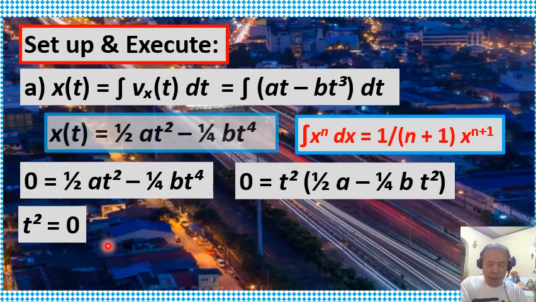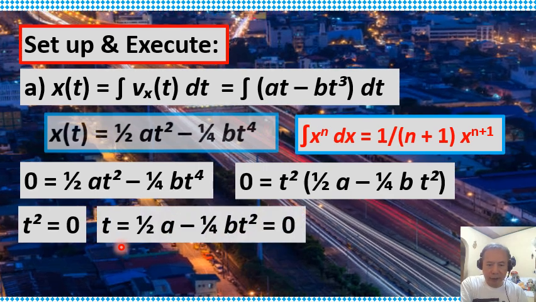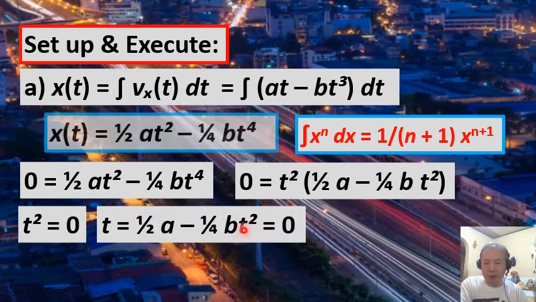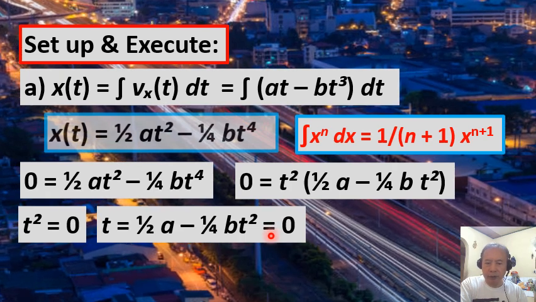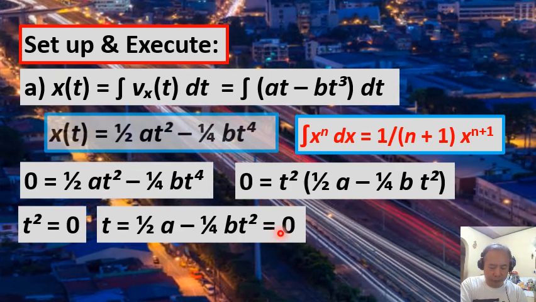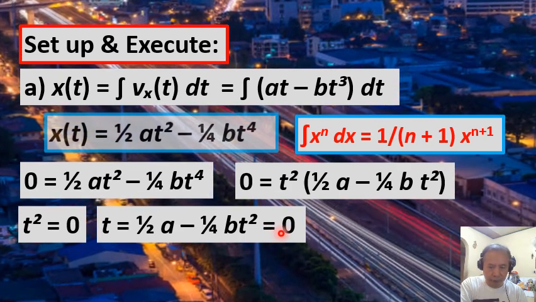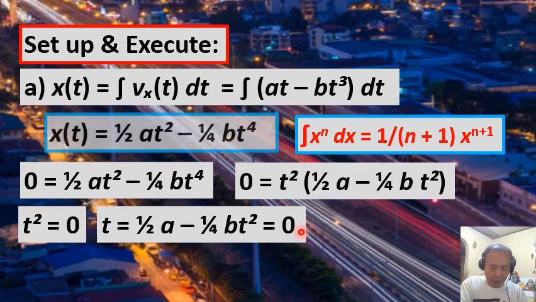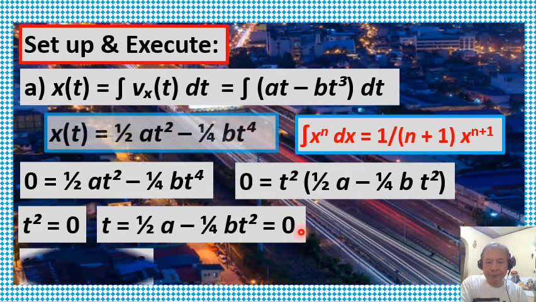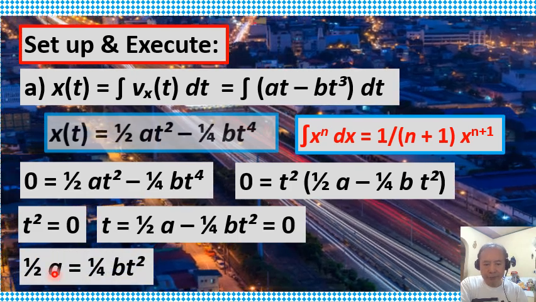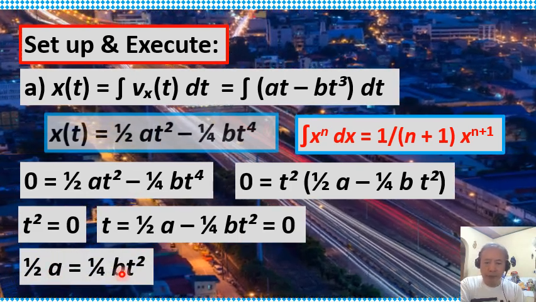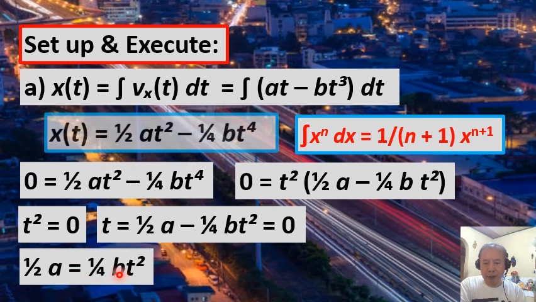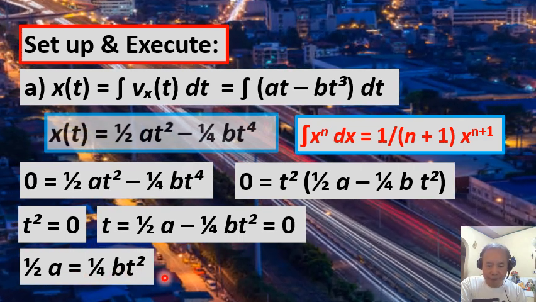And the other root is 1/2 a minus 1/4 times b times t squared, which is equated also to 0. Simplifying, we have 1/2 times a equals 1/4 times b times t squared.